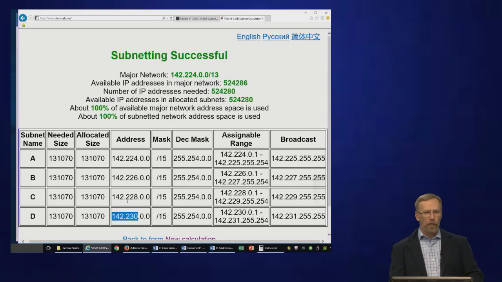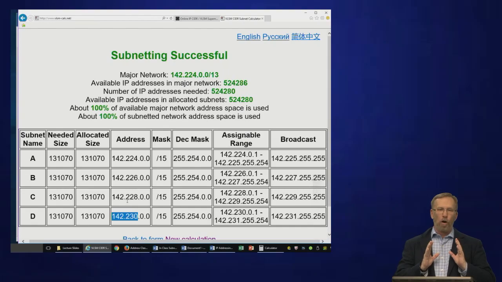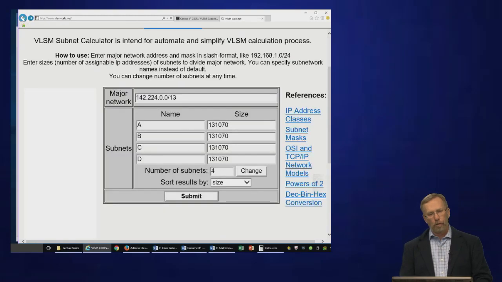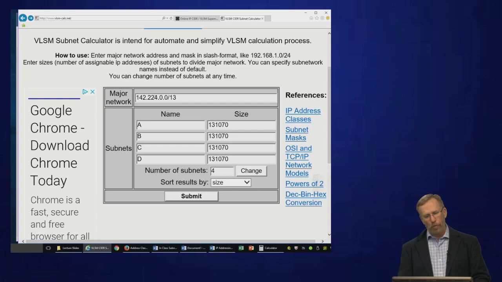The problem that you run into with these online calculators is that people don't always put the right inputs into them. Let's say, for example, your ISP, instead of breaking on a major break in the IP address range, so I think the next one below 224, if I use a /13, is actually a 216.